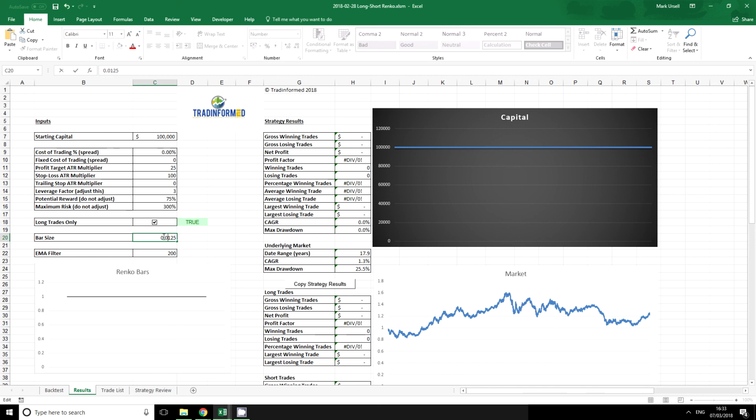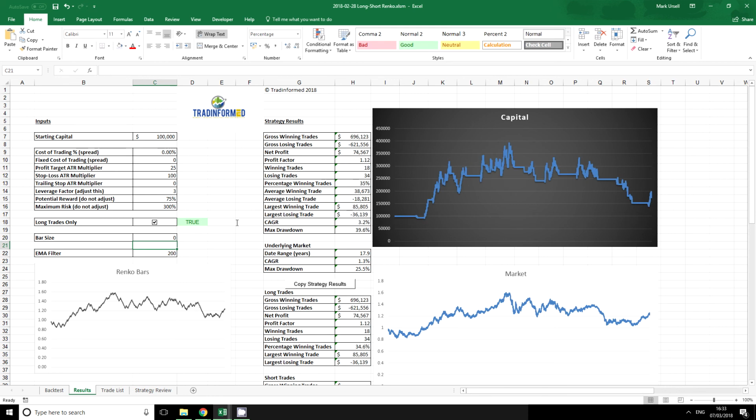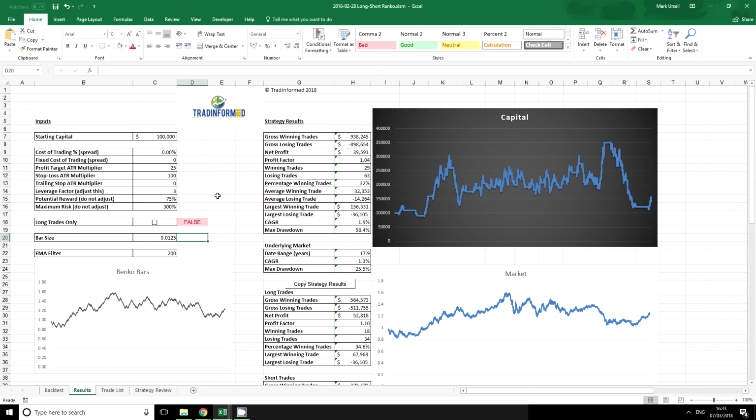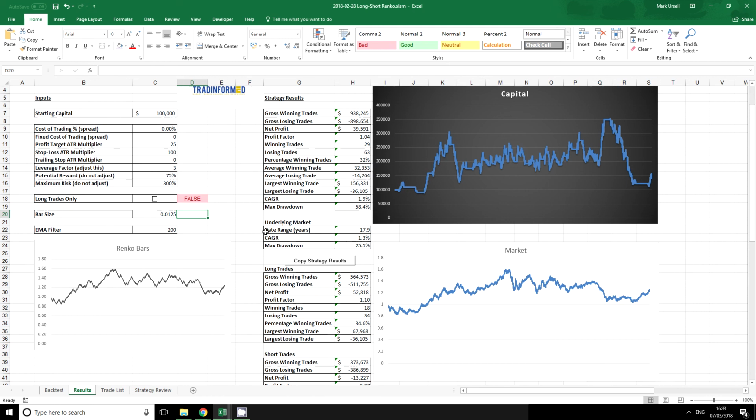And we need to set a bar size that is appropriate for the size of market that we're dealing with. Because we're now dealing in pips, we can set this at 125 pips and we get something reasonable. Now, because this is a long short market, I'm going to include long and short trades.